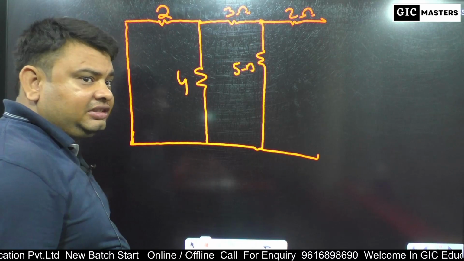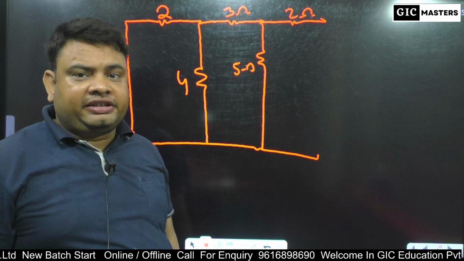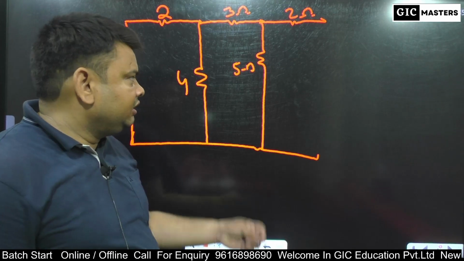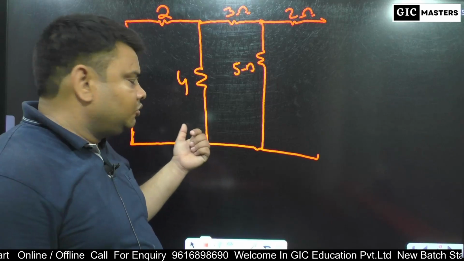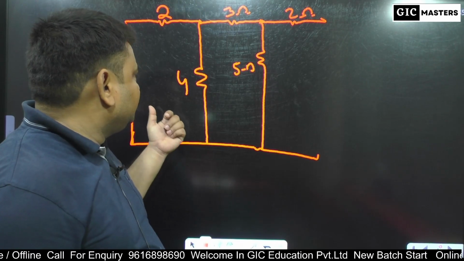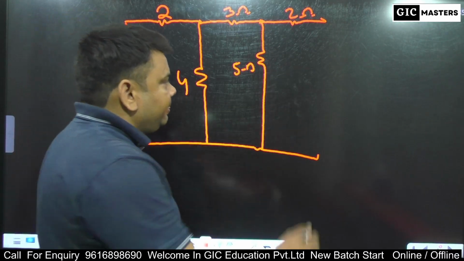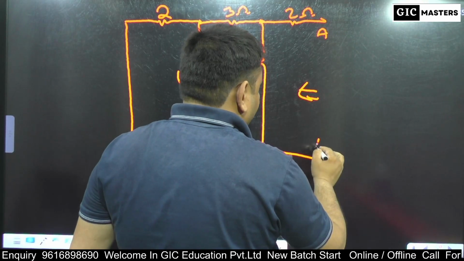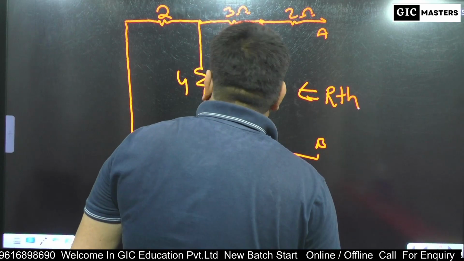We check which source is connected, current source or voltage source, to the circuit. Here the voltage source is connected with the circuit, so we short circuit the voltage source and calculate Thevenin's resistance across AB.